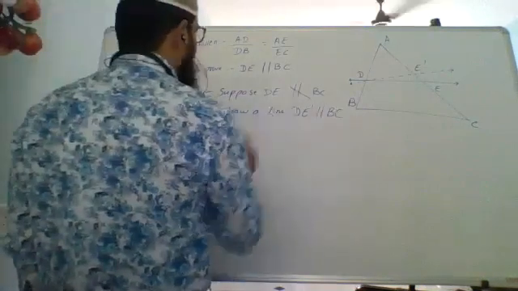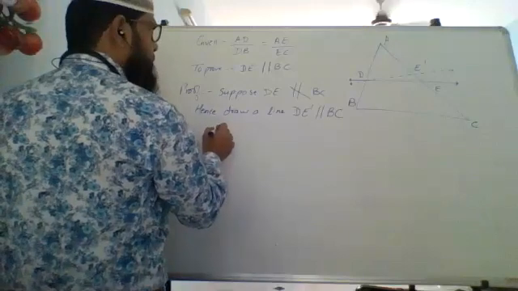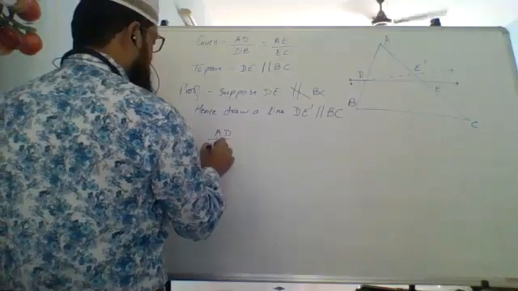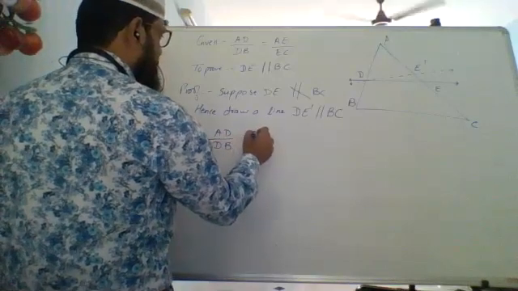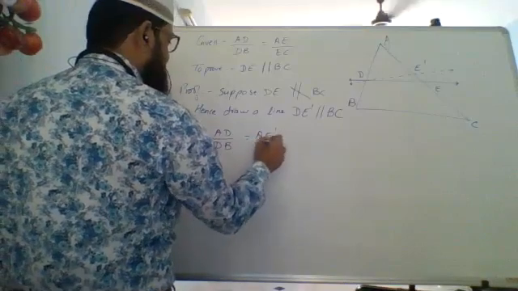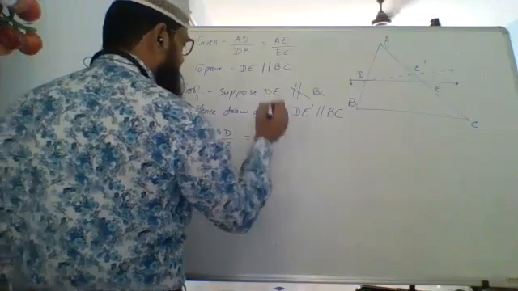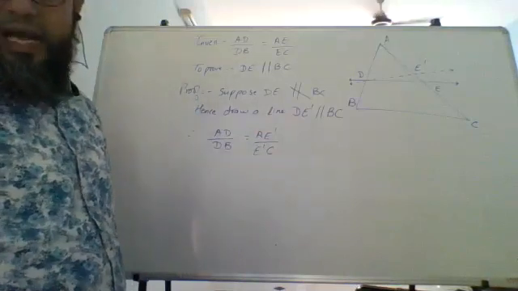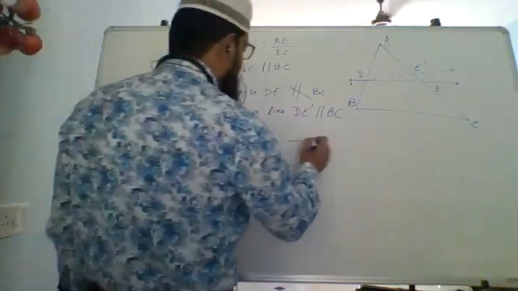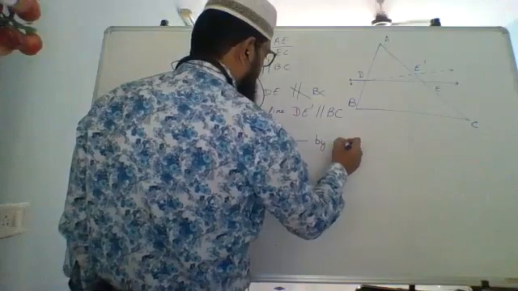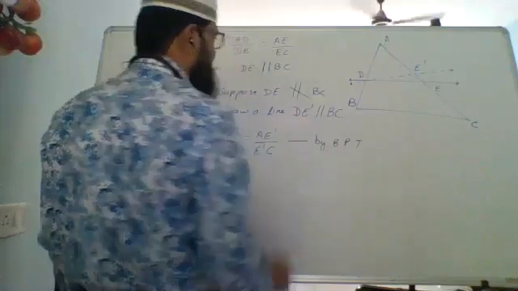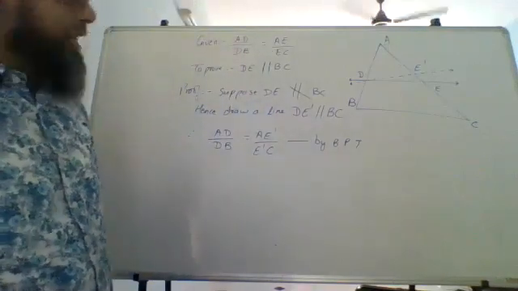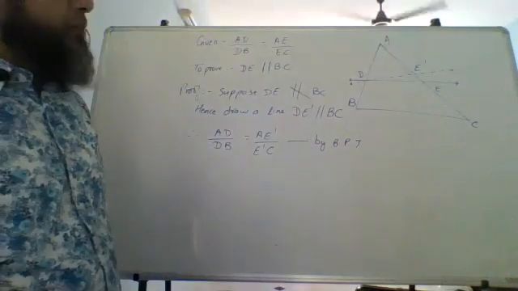So now, if this line is parallel to BC, therefore AD upon DB equals AE dash upon E dash C. Why? By BPT, the basic proportionality theorem. If the line is parallel, it will divide the sides in proportion.